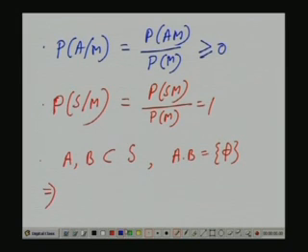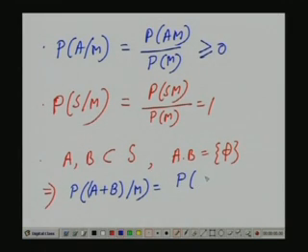Then how about P(A ∪ B), you can put a bracket around this, subject to the condition M? Now, first we will use the definition. This is nothing but P((A ∪ B) ∩ M) divided by P(M).